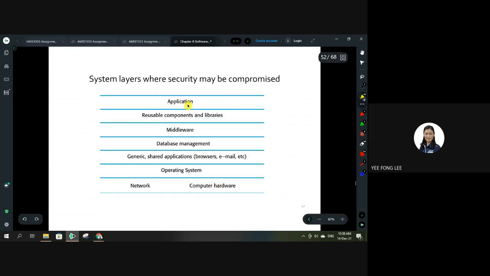This might include the operating system, Linux or Windows, and other generic applications that run on the system, such as a web browser, database management system, middleware that supports distributed computing and database access, or even libraries of reusable components used by the application software.